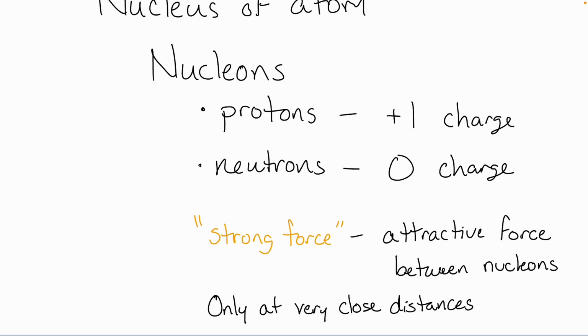So if we have two protons and they're separated in space, those electrostatic forces are dominant. They're repelling one another. They hate each other, and all of a sudden they get close enough and they're like, all right, fine, I'll bond with you. Okay? That strong force takes over at very close distances. It's just this very special interaction that exists only between nucleons.